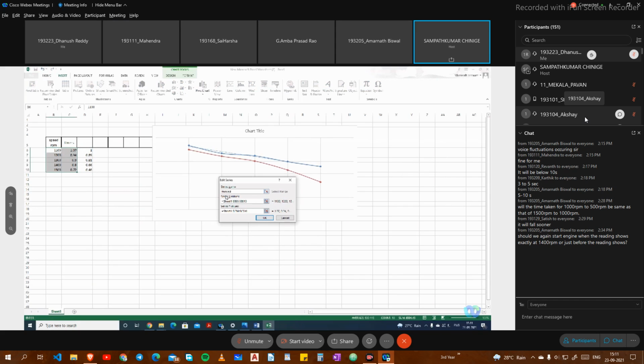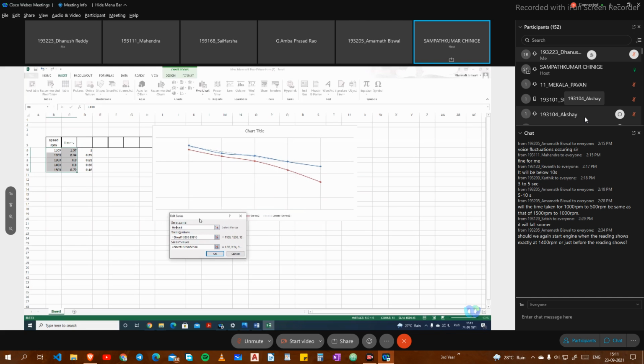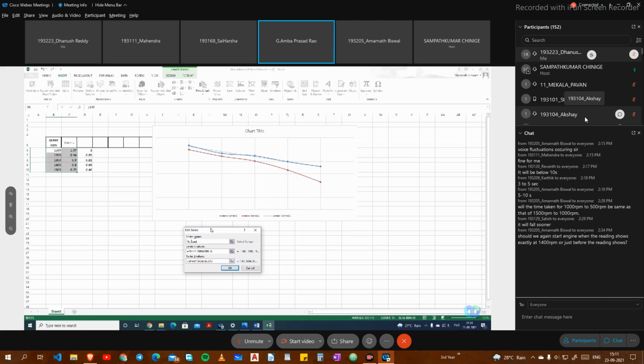And then we are taking x as RPM, sir, and y as time in seconds. So now you want me to put time on the x-axis and RPM on the y-axis, sir? Is that what you want? RPM on the y-axis, right? Yeah. So now.